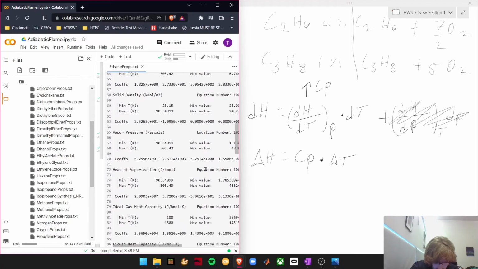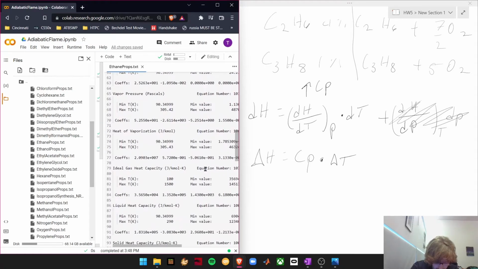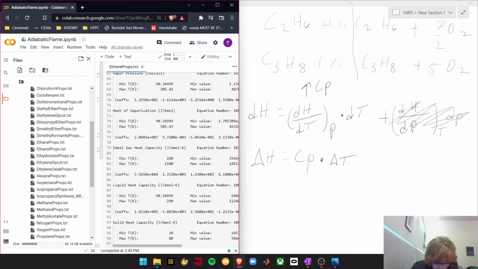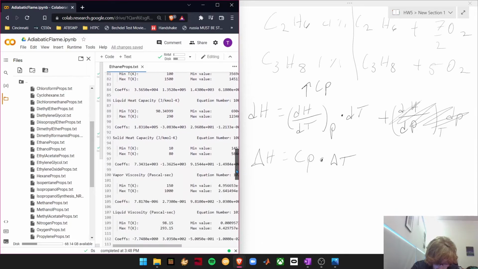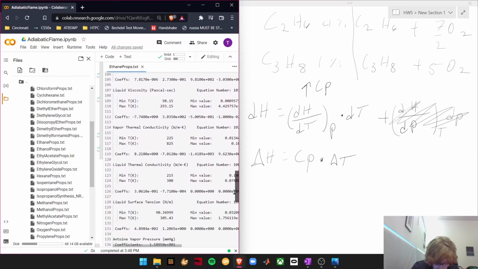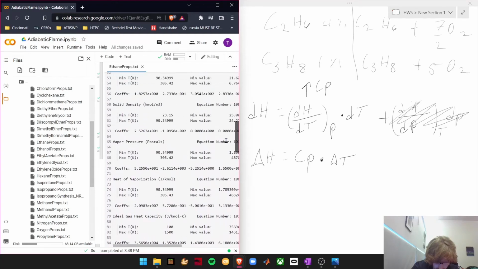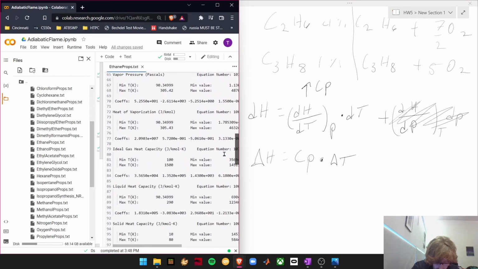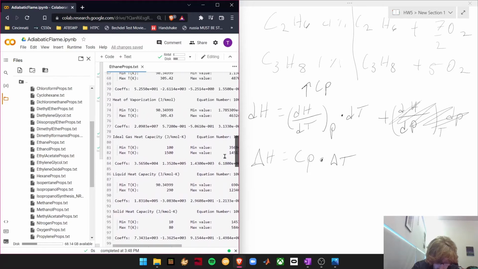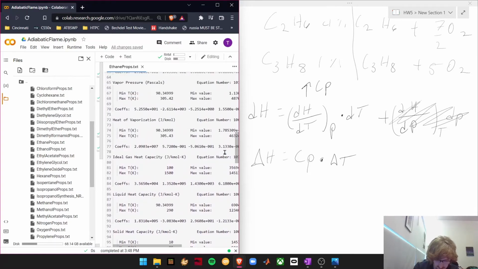So if we scroll down a bit, I think I passed it. There we go. Okay, the ideal gas heat capacity. We're looking at these values here. There are 5 values.